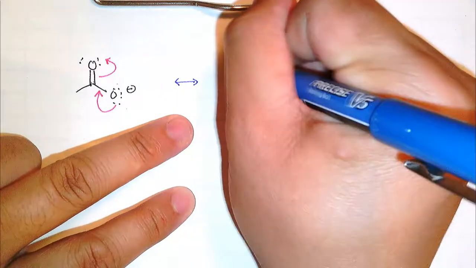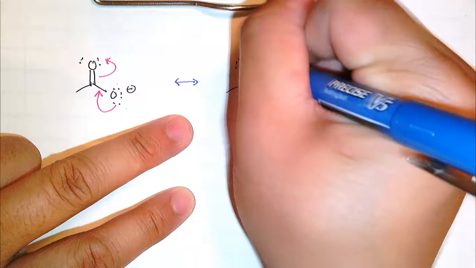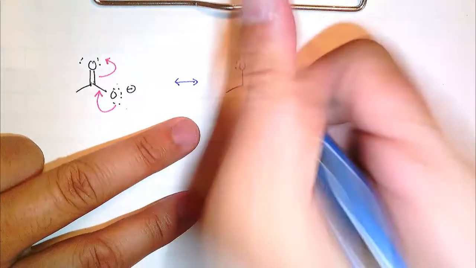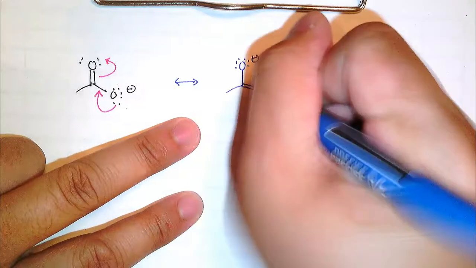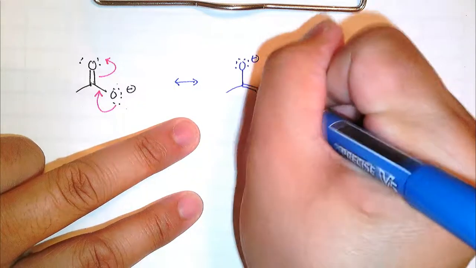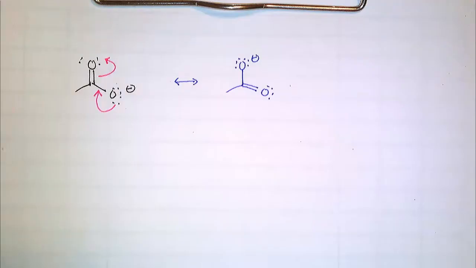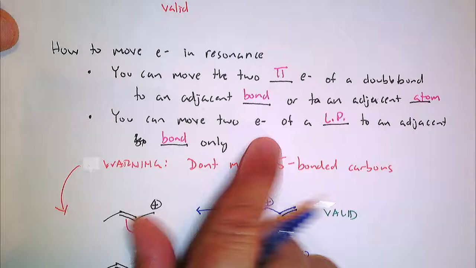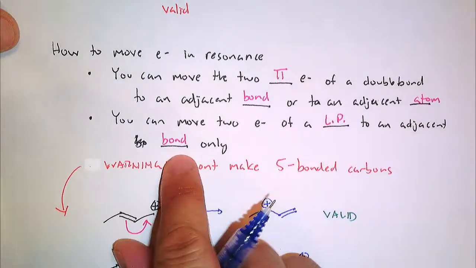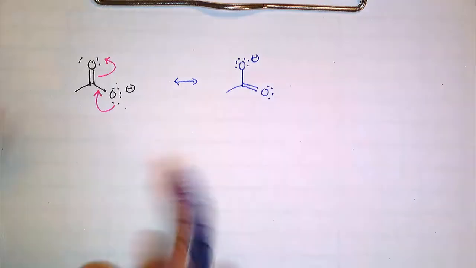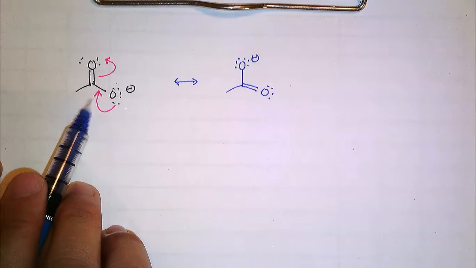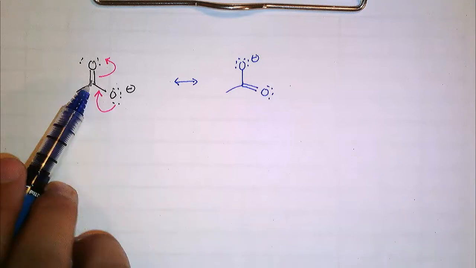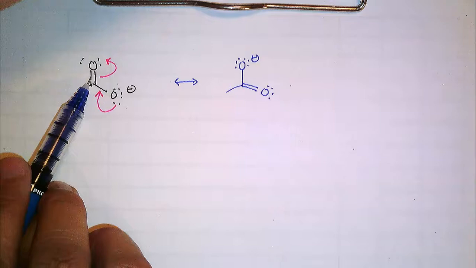And we're going to do more examples in the next video with anions, a few more cations, and also some neutral molecules. But I just wanted to show you this example mainly because of this rule right here: you can move 2 electrons of a lone pair to an adjacent bond only. And we have that there. That's the lone pair we're moving. Here we're moving a pi bond. What rule did we use there?